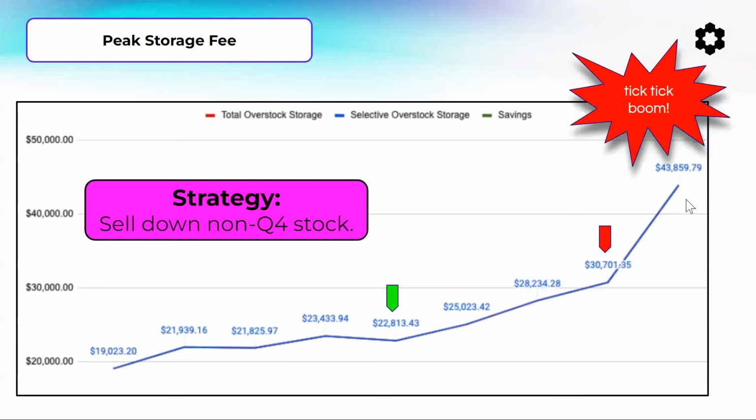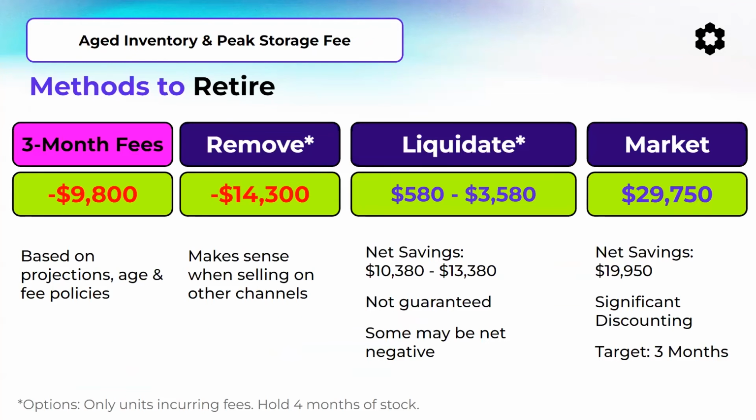Yeah, cool. Perfect. So the next idea is, you found those ASINs, right, that you have problems with. Now you have to decide, what do we do with this? I don't want to keep these products, or I don't want to have as much stock. There are basically 4 options. The first is you can just keep paying those fees, right? We look at the next 3 months, because usually it takes at least 3 months to get something moving, unless you're very, very aggressive, right?